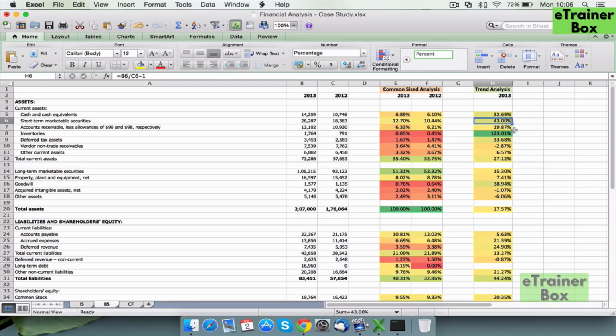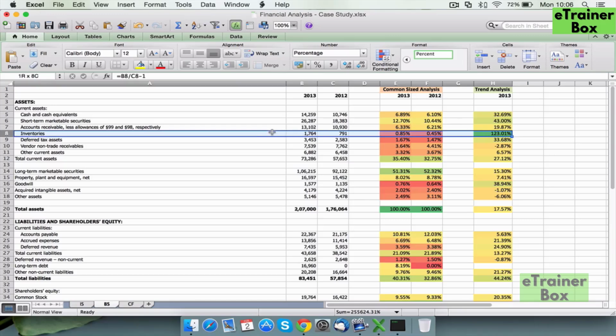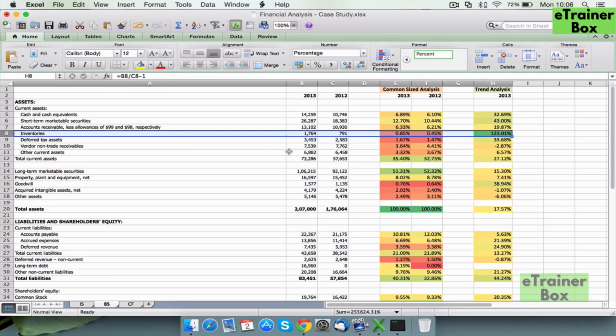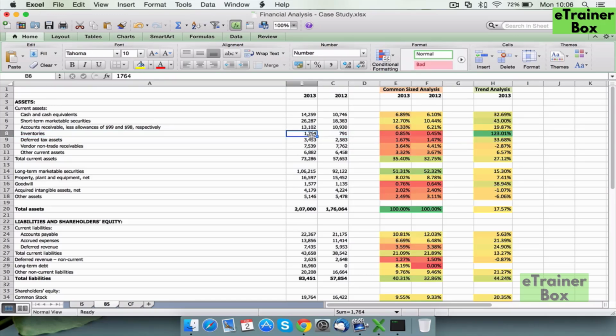Short-term marketable securities have gone up, as was observed in the common size analysis as well. Accounts receivable have relatively remained stable, about 20% increase. Inventories have significantly gone up. Possibly this could be because Apple was trying to stock up some inventory for its iPhone 6 launch, which happened in 2014. That could be a reason.